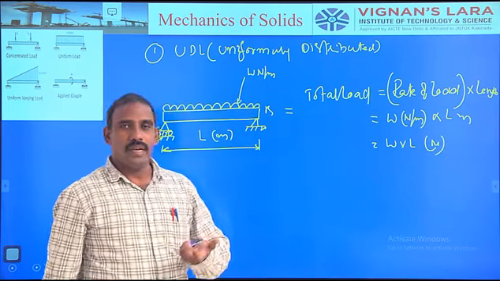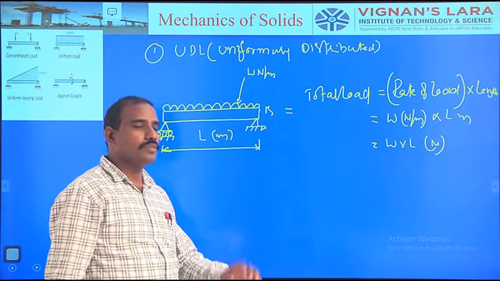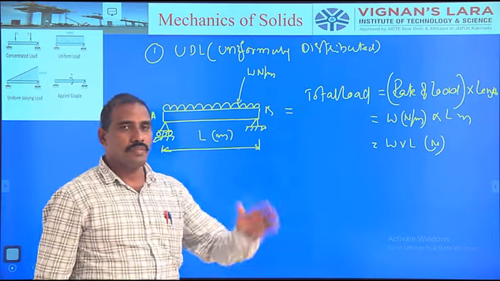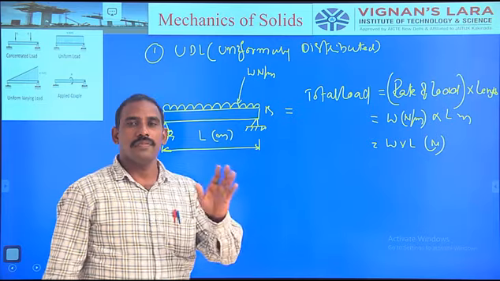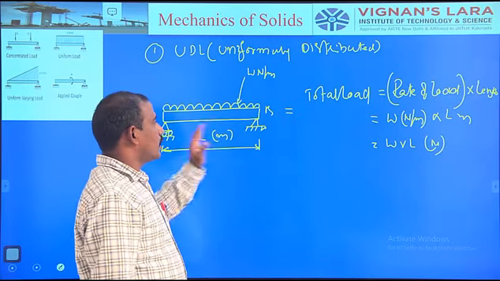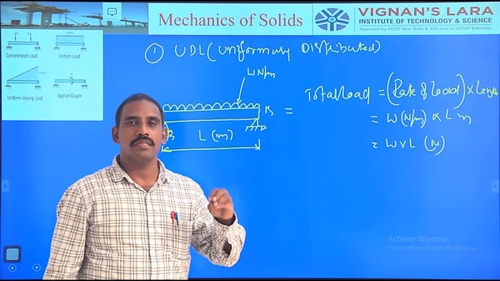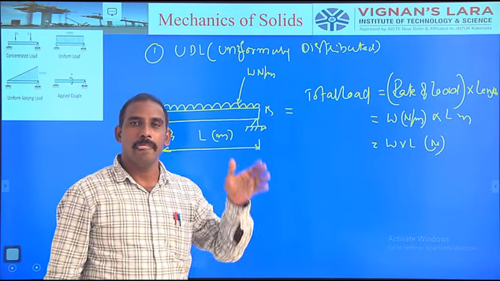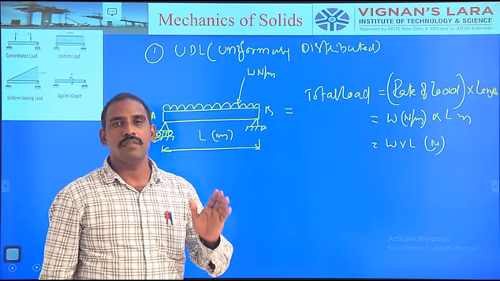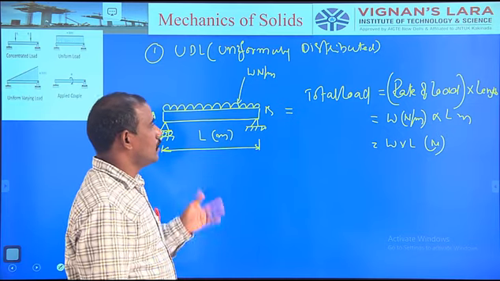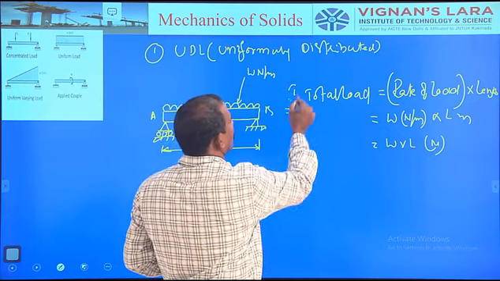And at which point it is concentrated is also very important. Suppose you want to calculate the shear force and bending moment either left of the section or right of the section, we must know the position of the concentrated load or point load. That's why you have to calculate the location.